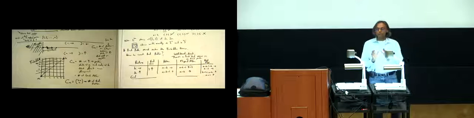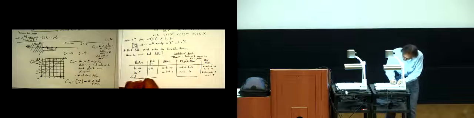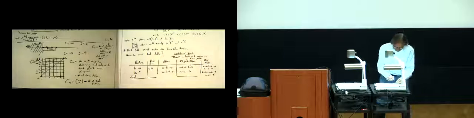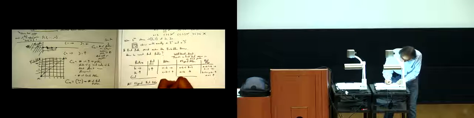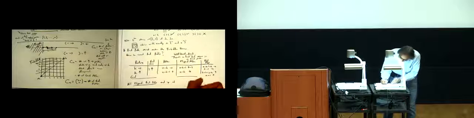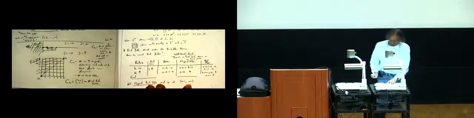Which means that all of these flipped bad paths, so I'll write it here, all flipped bad paths end up at n minus 1 this way, n plus 1 up.